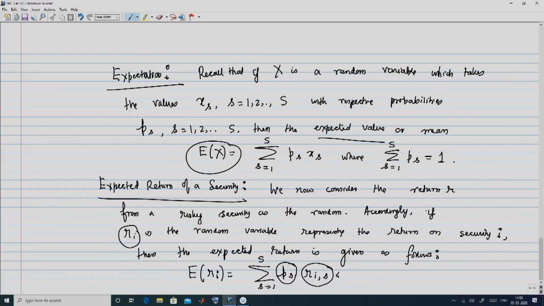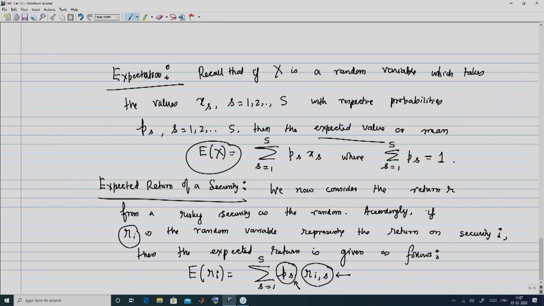So, this random variable is the return of a stock price, and I am saying that under capital S number of different scenarios, if I choose a generic scenario, say small s, then for that the random variable Ri will take the value of Ri subscript s with the corresponding probability of p subscript s.